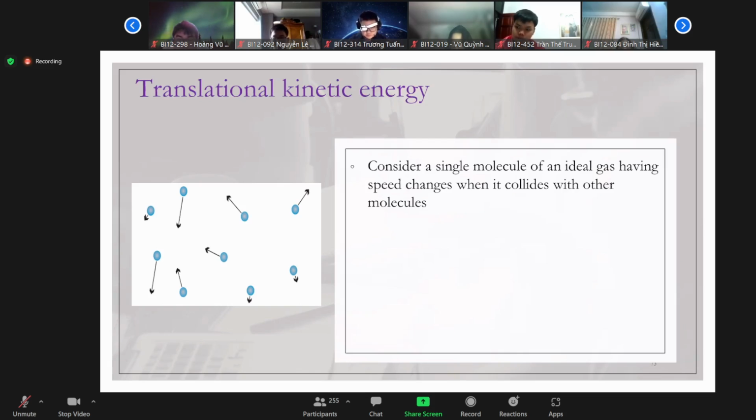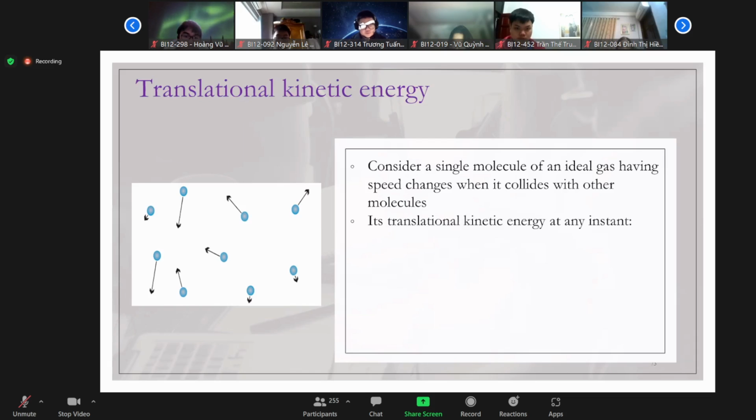We consider a single molecule of an ideal gas, and it has speed changes when it collides with other molecules. Before, we did not consider the collision between molecules. Now we consider the collisions between molecules.